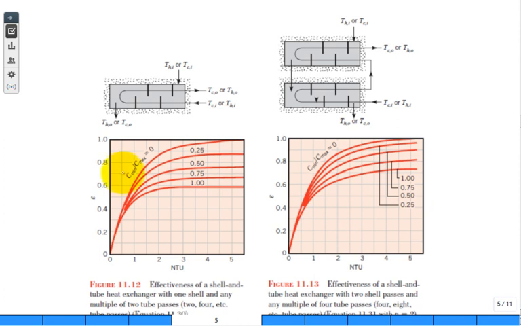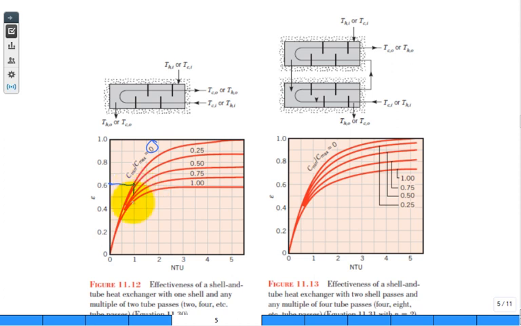Well, this is 0.6174 right there. Look good? What was our ratio C min over C max for this problem? One fluid was changing phase? 0. So 0.61, come over here.